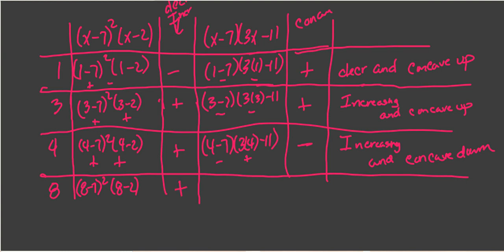Then we have 8 minus 7 times 3 times 8 minus 11. This will give us a positive times a positive, which is a positive. So this is increasing and concave up.